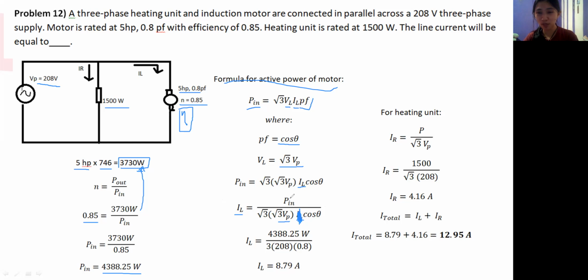Substituting the values that we have, Pn is equal to 4,388.25 watts, and the square root of 3 times the square root of 3 is just equal to 3, times 208 volts, which is our phase voltage, times the 0.8, which is our given power factor. The line current is just equal to 8.79 amperes.